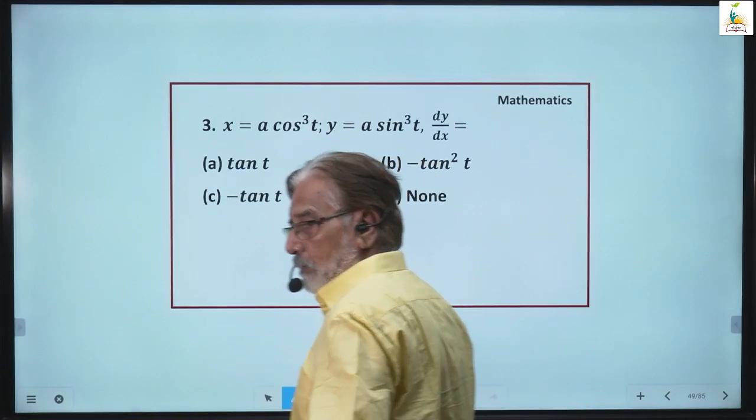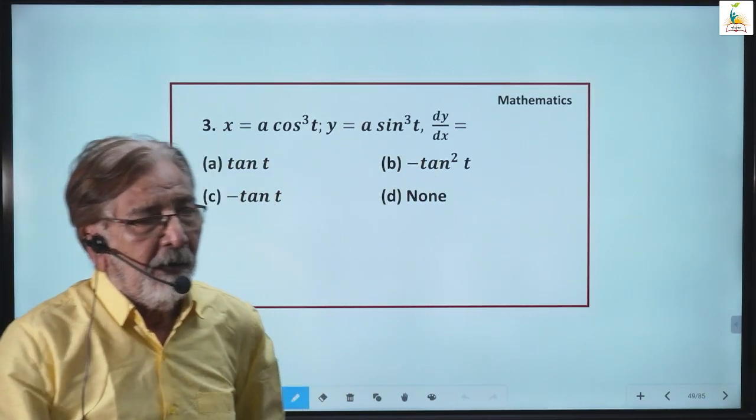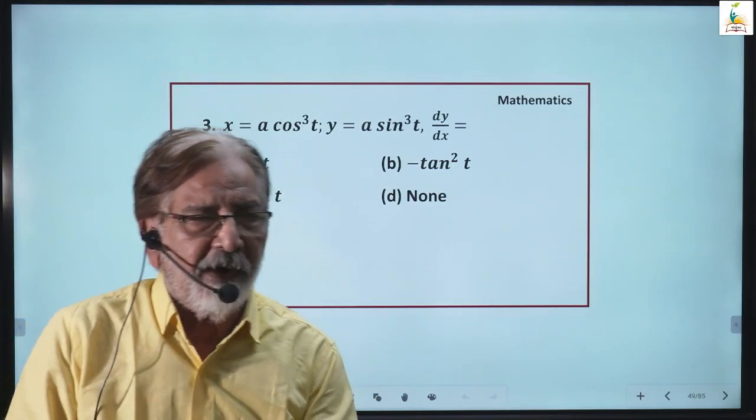x equal to a cos cube t, y equal to a sin cube t. This is the equation of the asteroid, and the asteroid is very important.